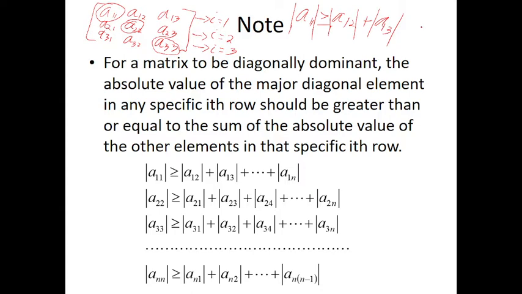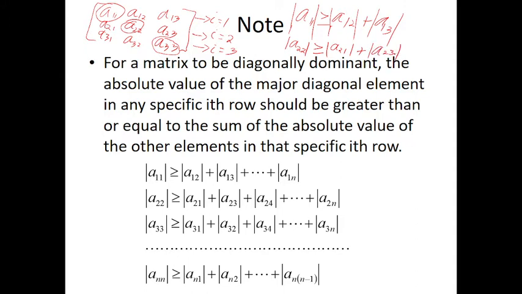Okay? If this is satisfied, is the matrix automatically diagonally dominant? No. It must be satisfied for every row. So considering row 2, we start with A22. Its absolute value should be greater than or equal to the sum of the others in row 2, A21 plus A23.